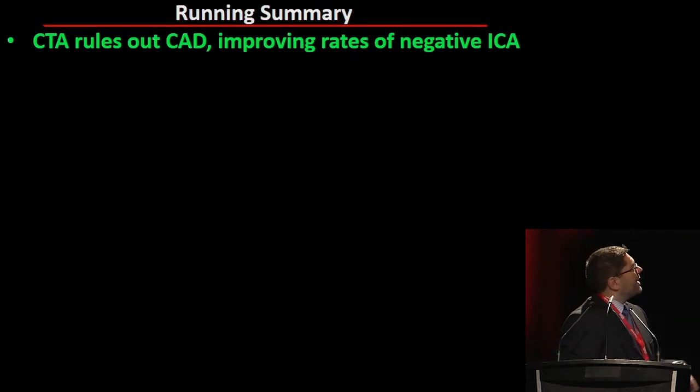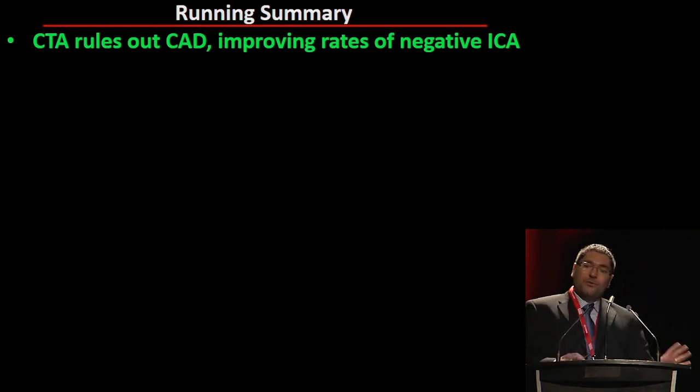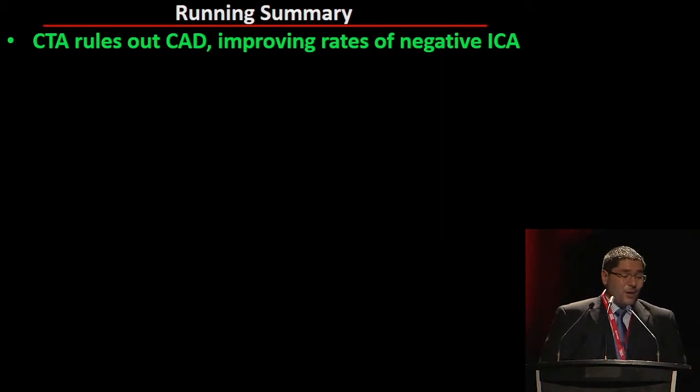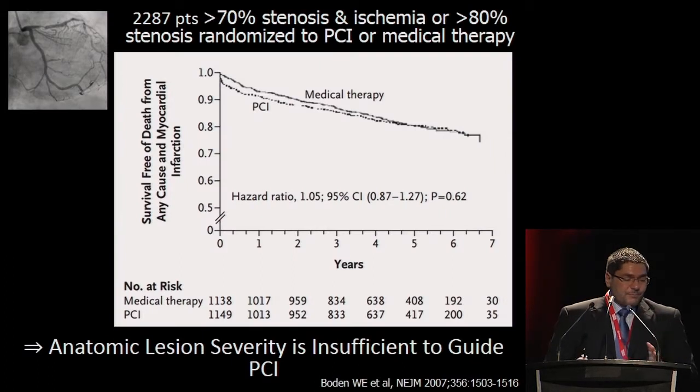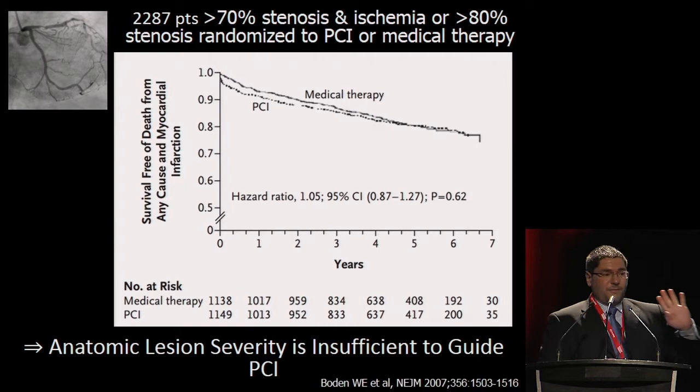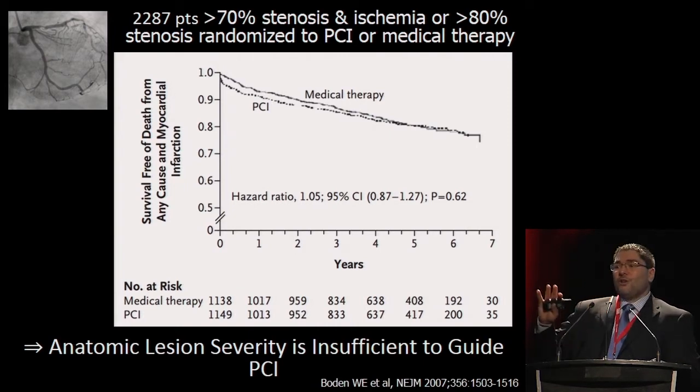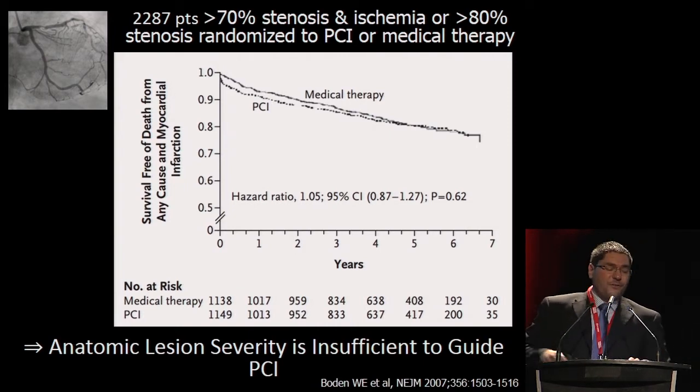So if we take a step back, running summary is that CT rules out coronary artery disease very well, and it improves the rates of negative invasive coronary angiography. However, now, let's say you take patients that do have obstructive coronary artery disease, and you decide whether you're going to treat them medically, just give them drugs and go home, or whether you're going to perform coronary intervention.